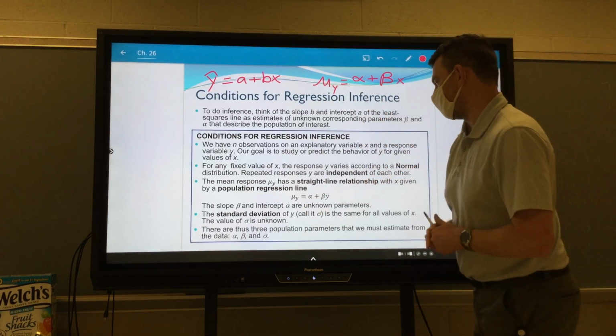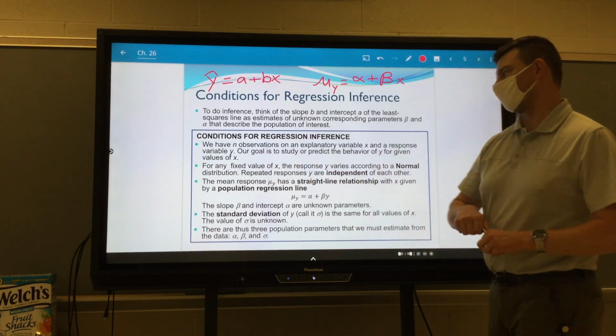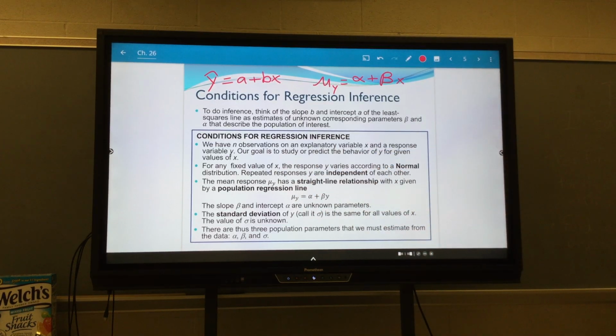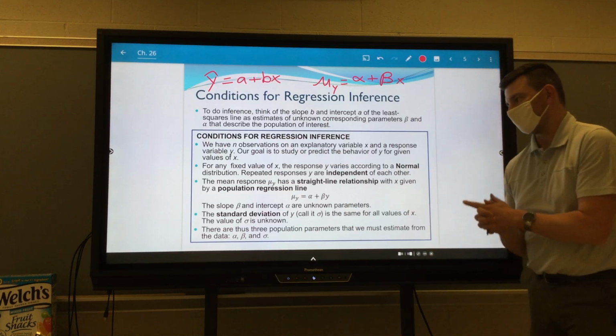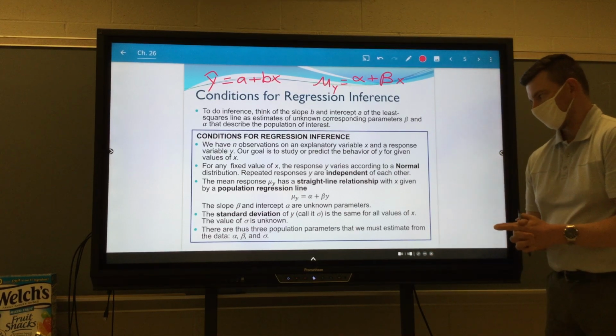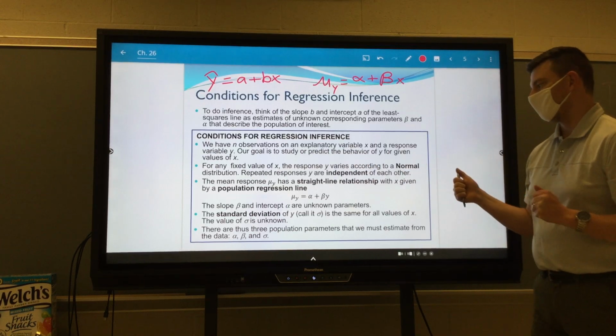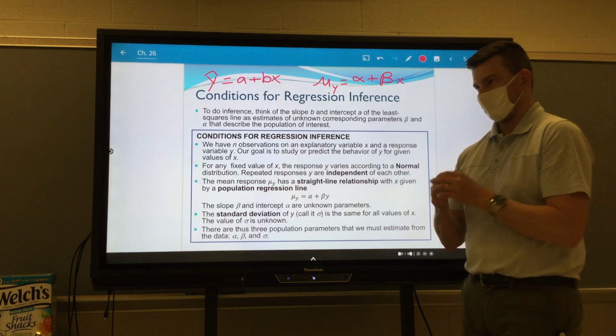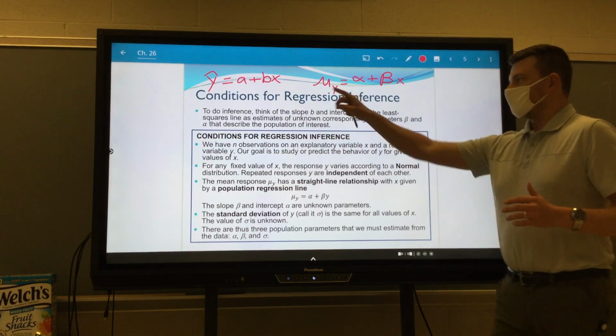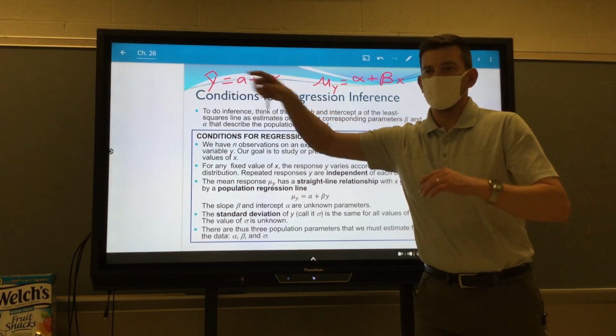We'll explain more about that model in just a second, but for any fixed value of x, the response y varies according to a normal distribution. And these repeated y responses are independent of one another. What this means, we're using this model to make predictions.